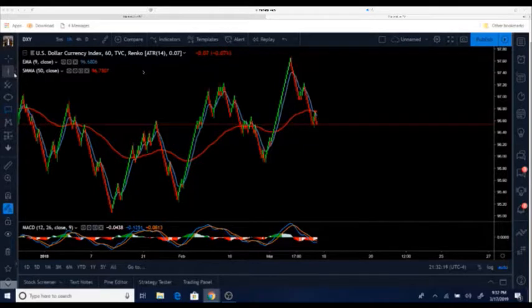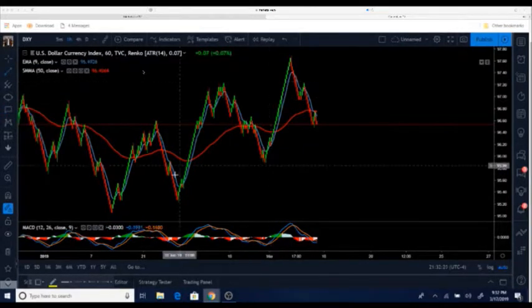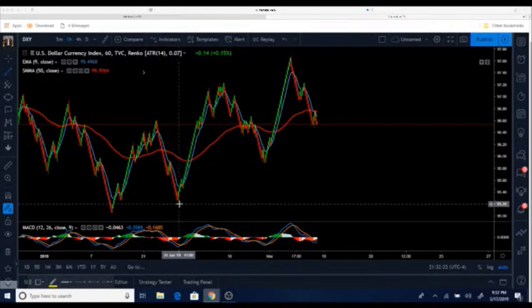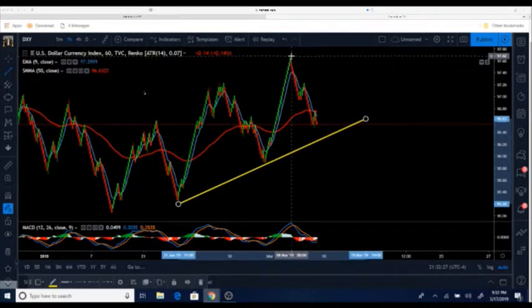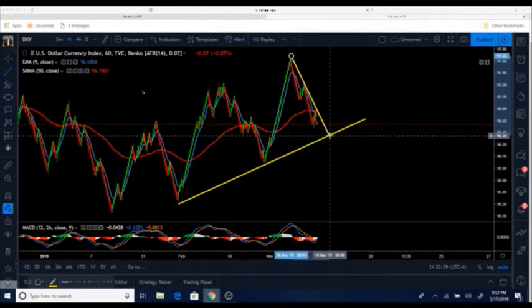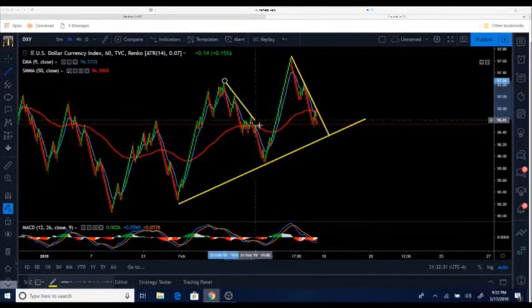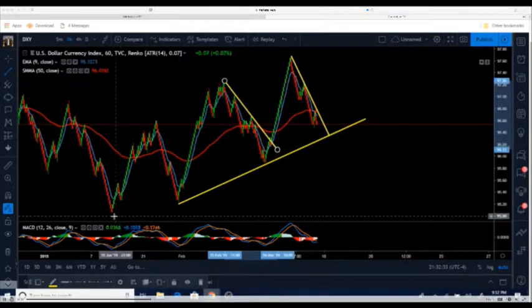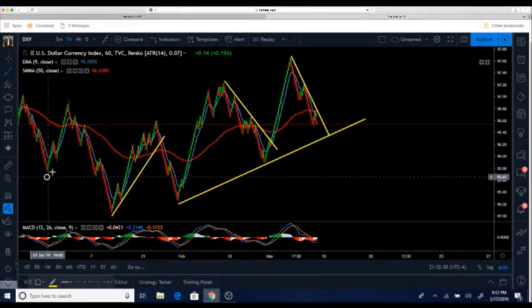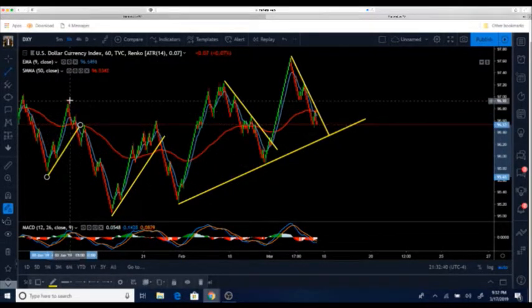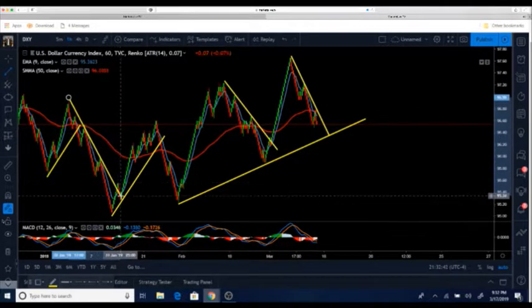If I told you to draw your trend lines, identifying them is much easier, much simpler, as opposed to candlesticks.